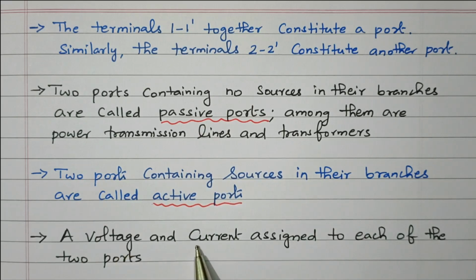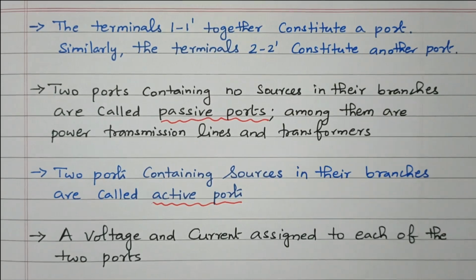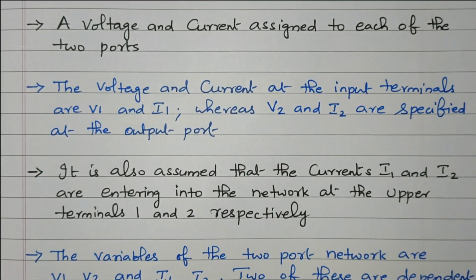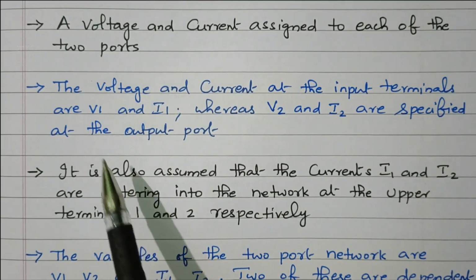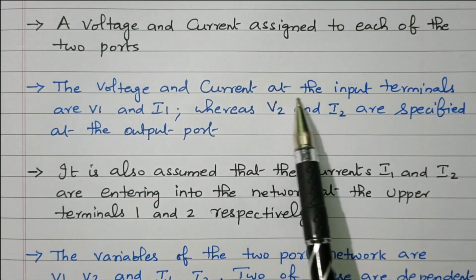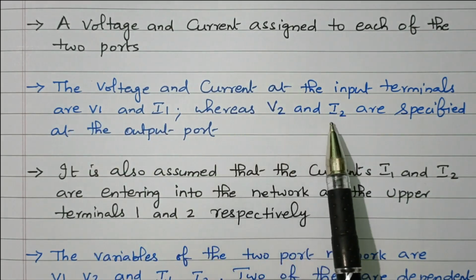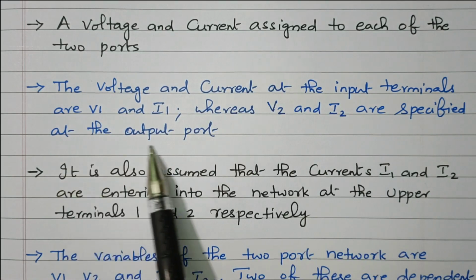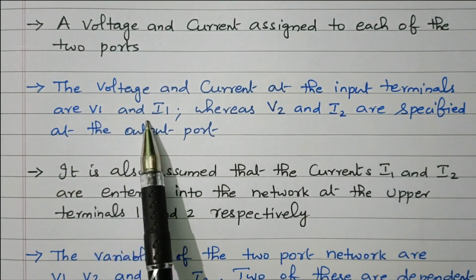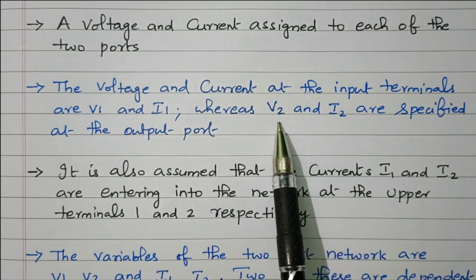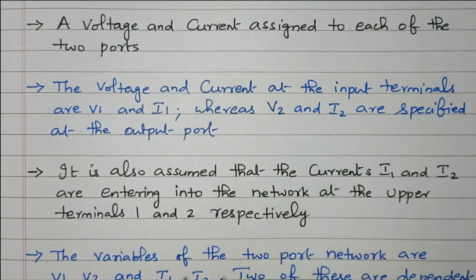A voltage and current are assigned to each of the two ports: input voltage, input current, output voltage, output current. The voltage and current at the input port are V1, I1, whereas V2, I2 are specified at the output port.